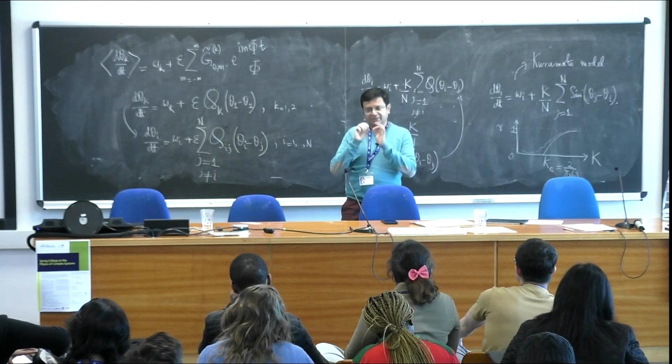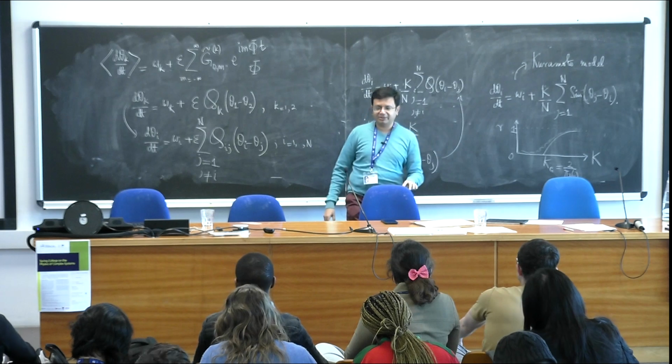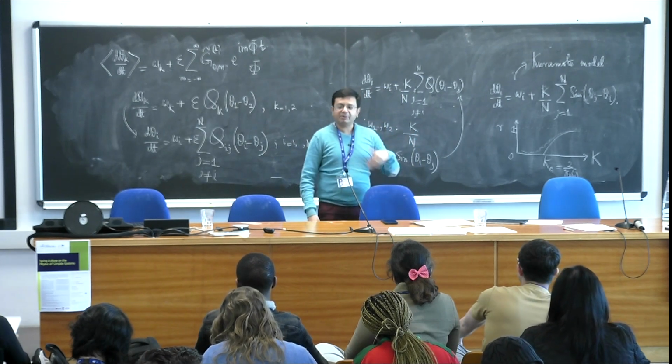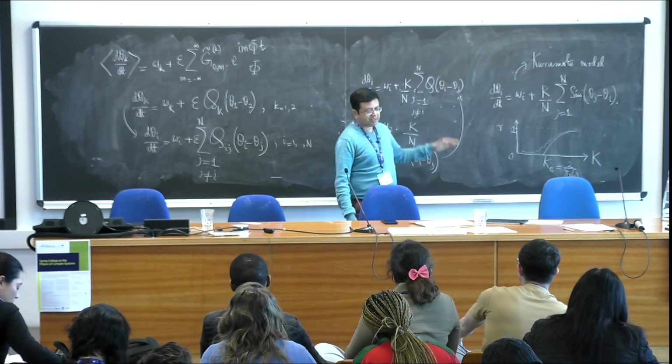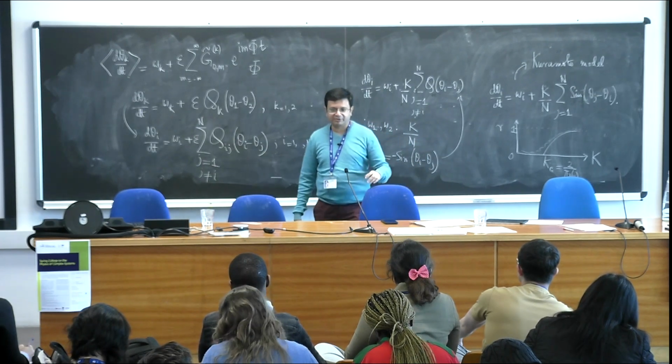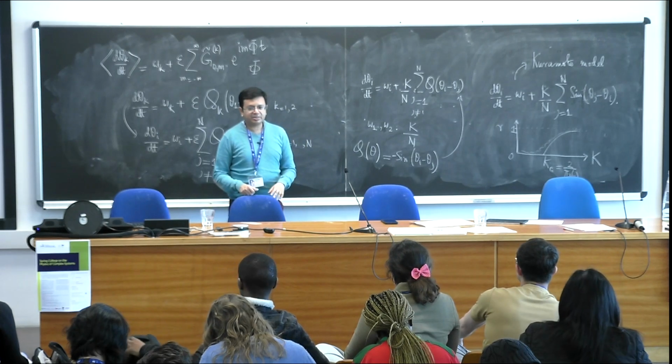If the oscillators are close enough, then there's strong interaction. If they are far apart, then the interaction is small, and so on and so forth. But these are added complications. And as you add more and more ingredients, the analysis is going to be more and more difficult. Okay, are there other questions?